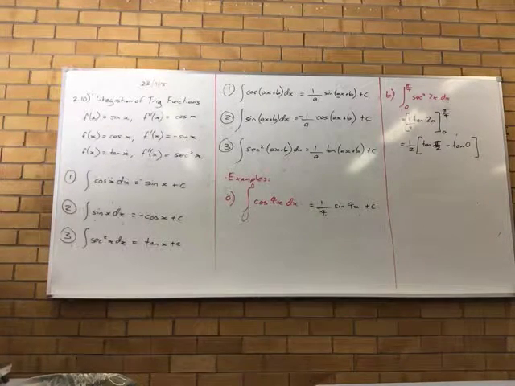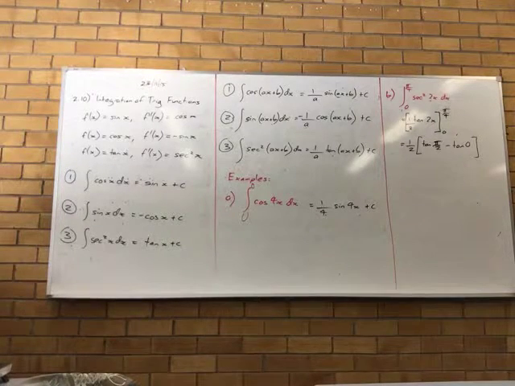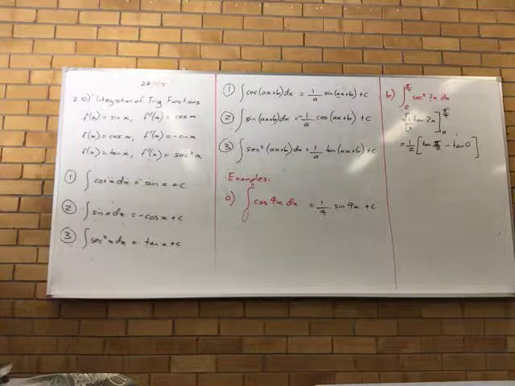Careful with my questions there, because what is tan of pi on 2? Asymptotic. It's undefined.